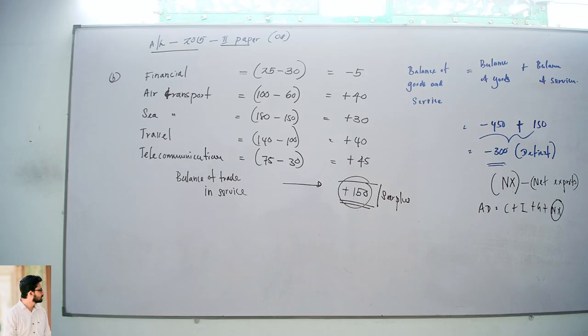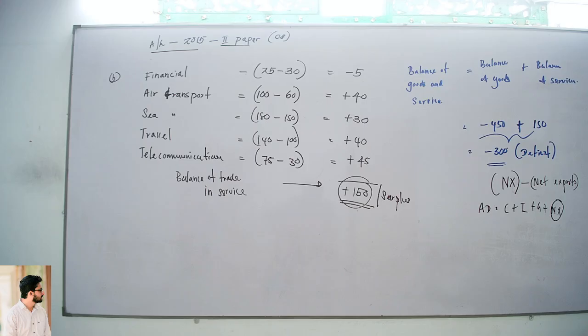Sandil, here there is a problem, Buddha. When you calculate the balance of trade in goods, the value of the non-monetary gold part should be shown separately, right?